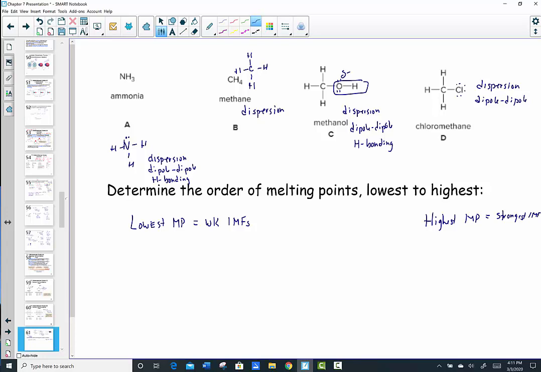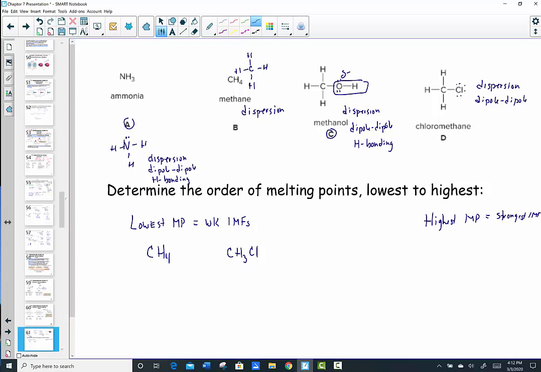All right, so the weakest is easy to figure out. That's methane, CH4, only dispersion forces. And in the middle, chloromethane, CH3Cl, it has dispersion and dipole-dipole. Now, between A and C, both of those exhibit all three. So how do we tell?